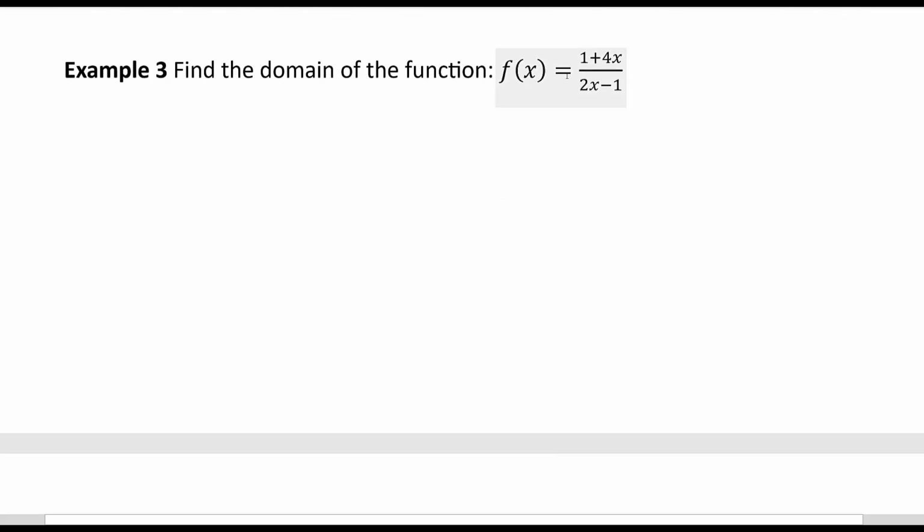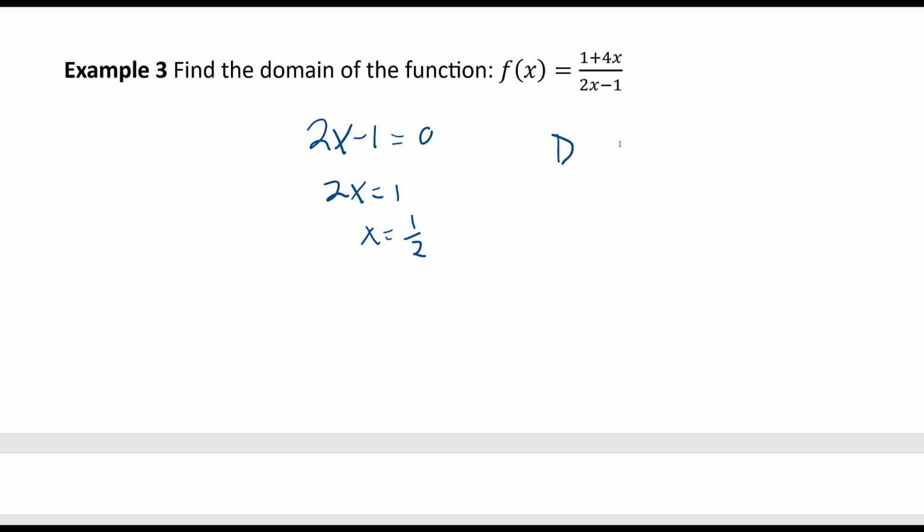So here we have f of x is 1 plus 4x over 2x minus 1. So unless something were to reduce, even if it did, we still have to worry about anything in the denominator, and we call that typically a hole. So we're going to take this 2x minus 1, set it equal to 0. So 2x equals 1, or x equals 1/2. So that's what we had to exclude because we cannot have a 0 down below in the denominator.